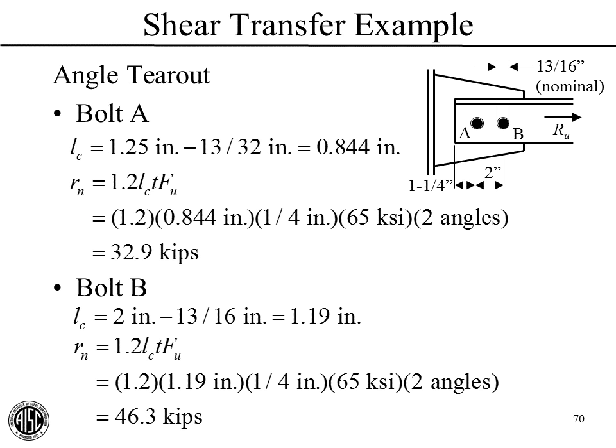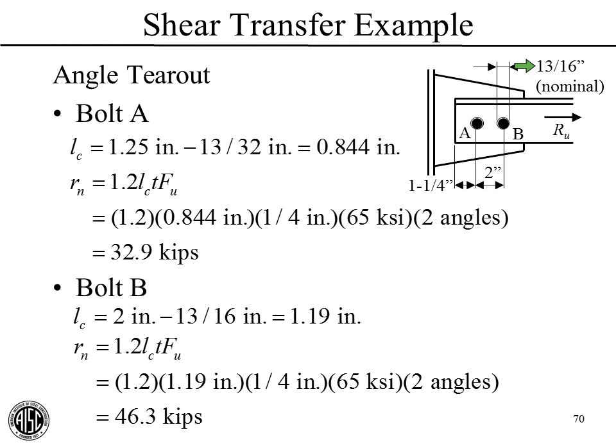In this case, we're checking tear out of the angle. And so for bolt A, L sub C is the distance from the end of the angle to the edge of the hole. And you can see here we have the nominal hole for a 7/8 inch bolt.